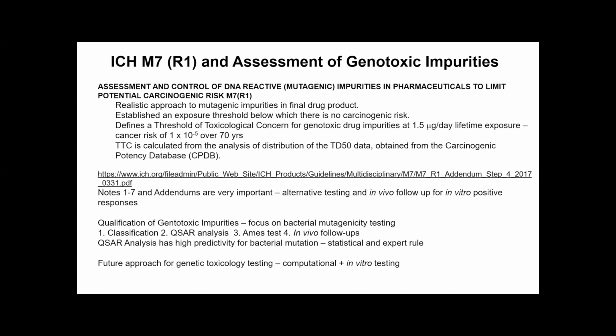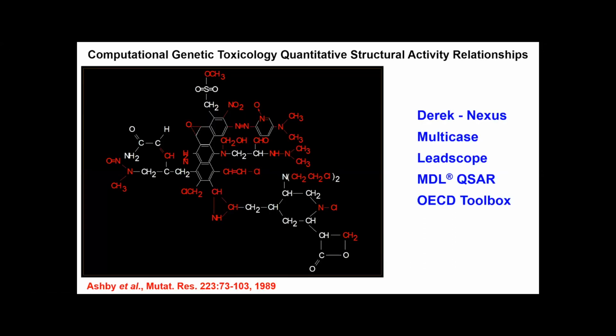Well, it means be qualified to define what's called a TTC, threshold of toxicological concern. This is used in gene tox, and basically the important part is just down here, where you do classification of a material like an impurity. You do QSAR analysis, an Ames test, and some potentially in vivo follow-ups. And I think this model of combining computational methods with in vitro testing is basically how the future is going.